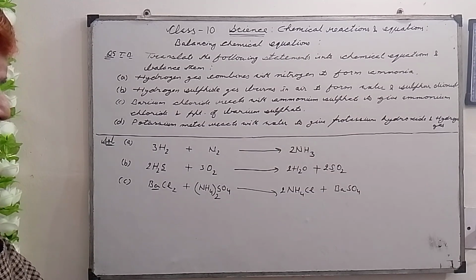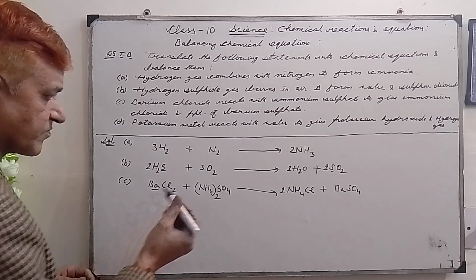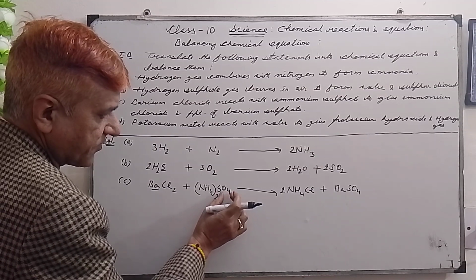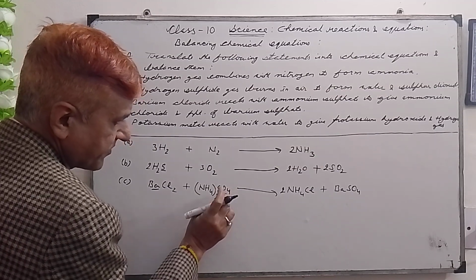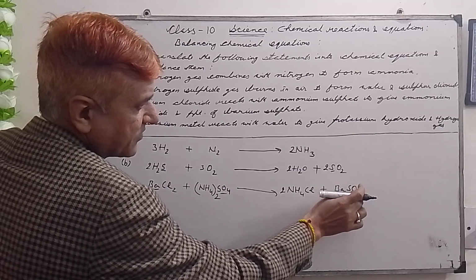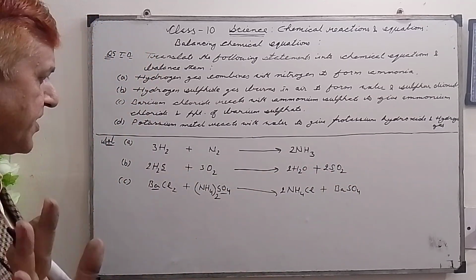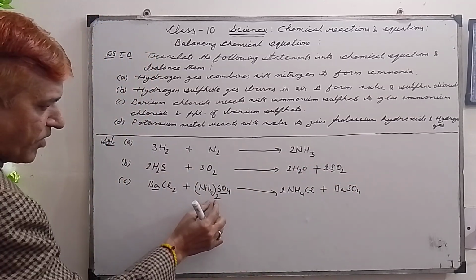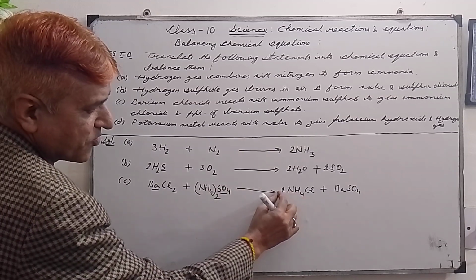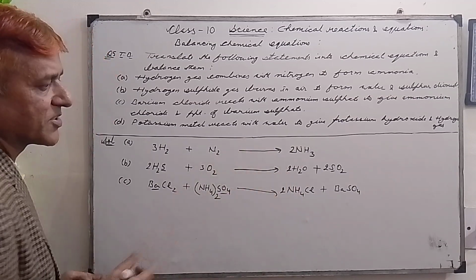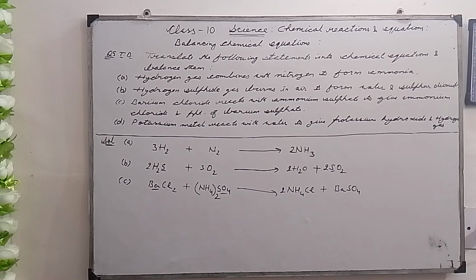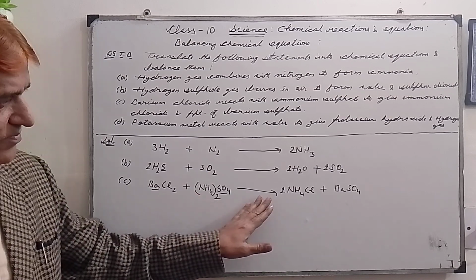Now we have sulfate, 1 sulfate, balanced. Now ammonium, we have 2 ammonium ions, so ammonium ions are also balanced. So my dear students, this equation is balanced now.